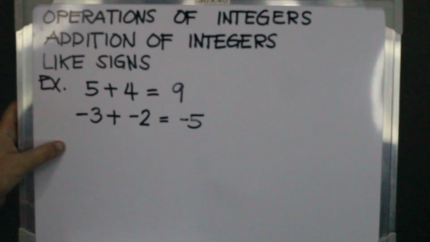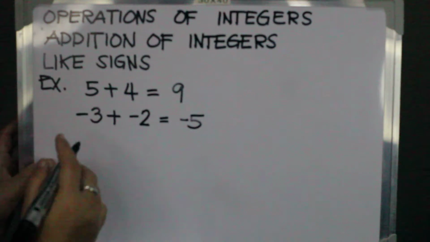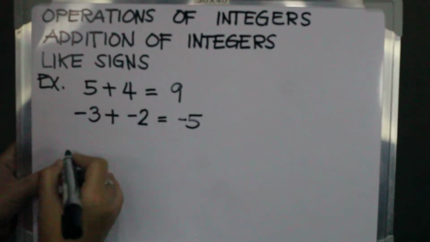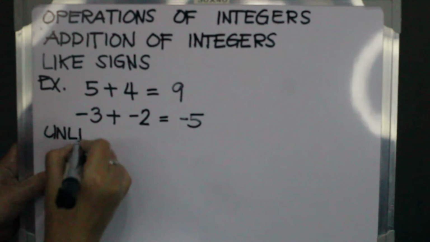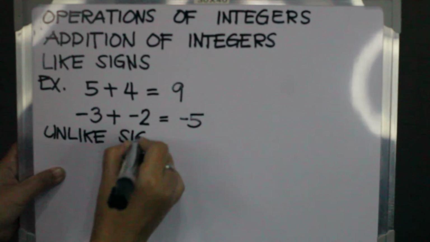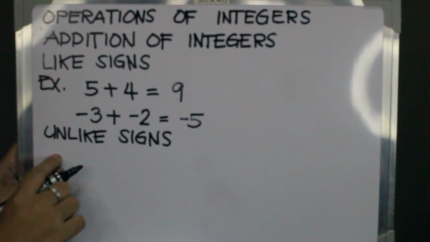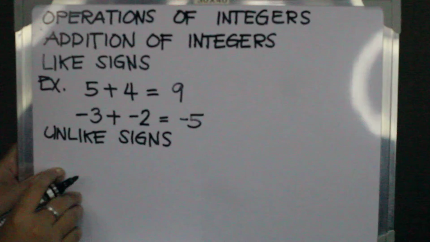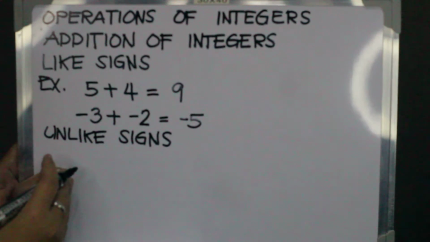And the other way is unlike signs. We mean unlike signs if they're not of the same sign. One is positive and the other is negative.